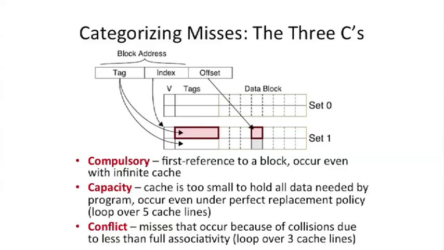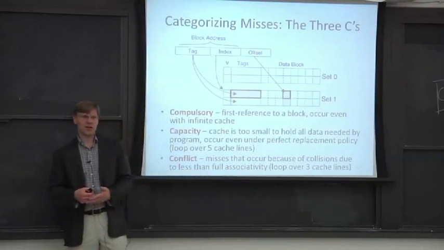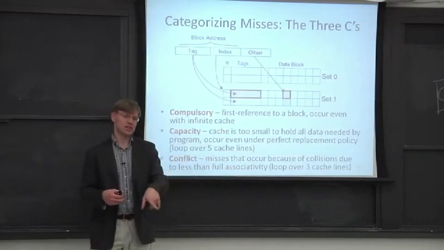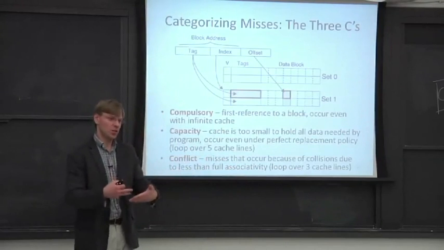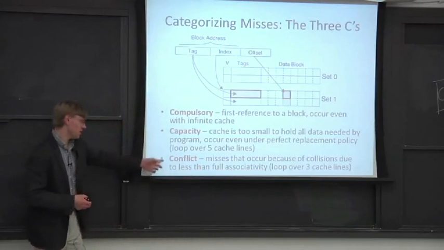One of the pieces of data gets kicked out before you have the time to read it back in. So you have a load and then another load, but in the middle you have a load to a different address, which happens to alias to that same location in the cache. The hash function points it to the same location, and they fight for that resource. So that's a conflict.